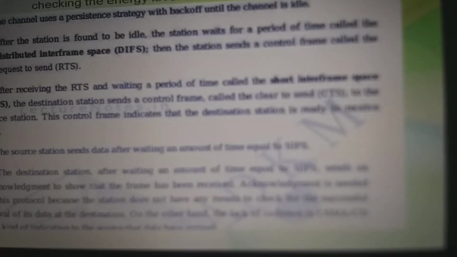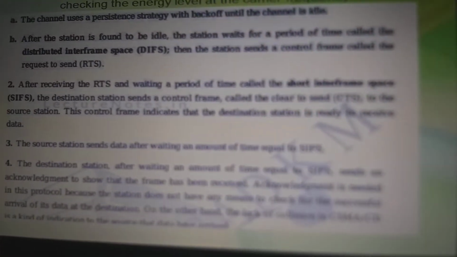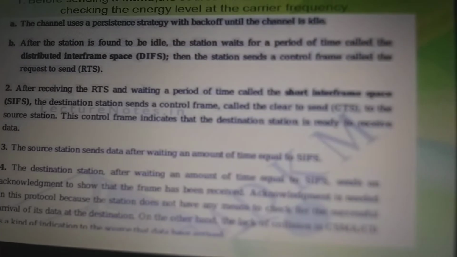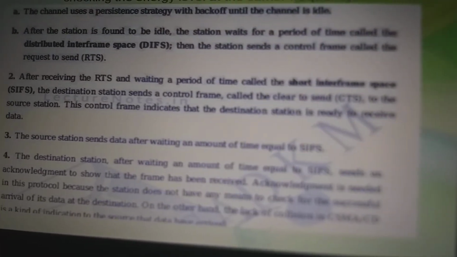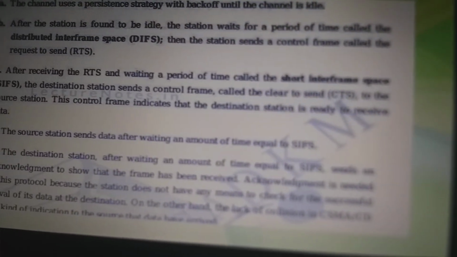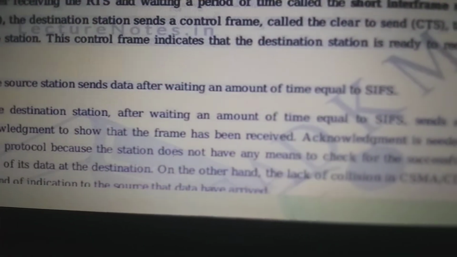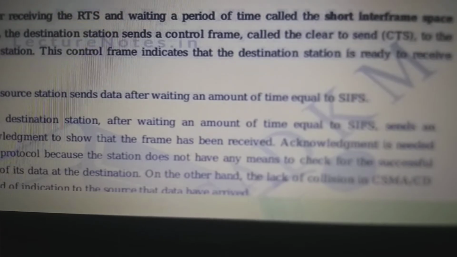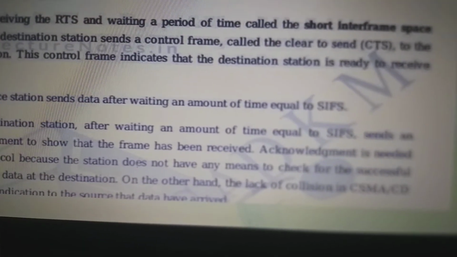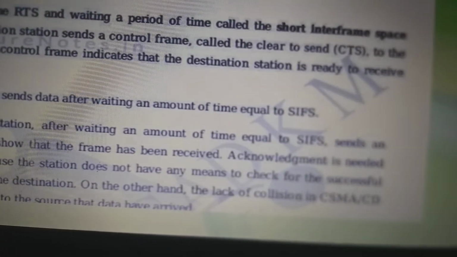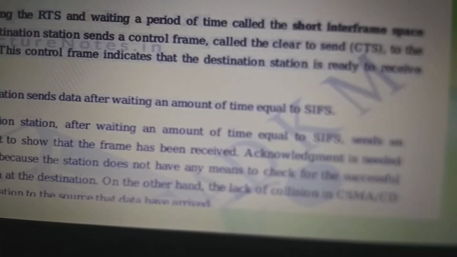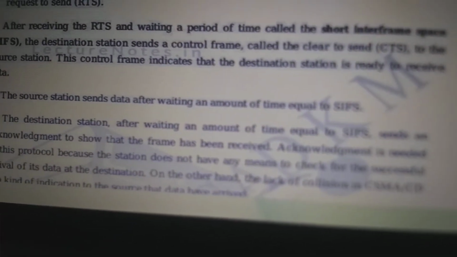This control frame indicates that the destination station is ready to receive data. The third point is the source station sends data after waiting an amount of time equal to SIFS. The fourth point is the destination station, after waiting an amount of time equal to SIFS, sends an acknowledgement to show that the frame has been received.